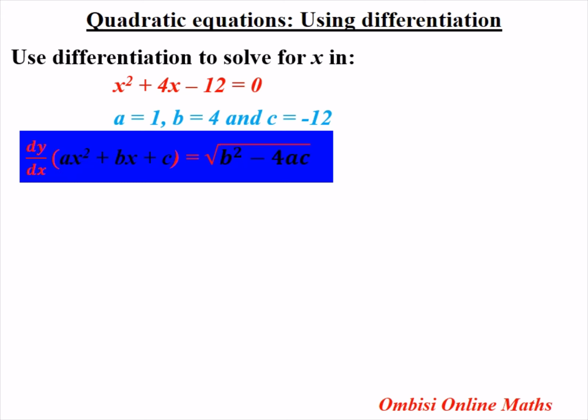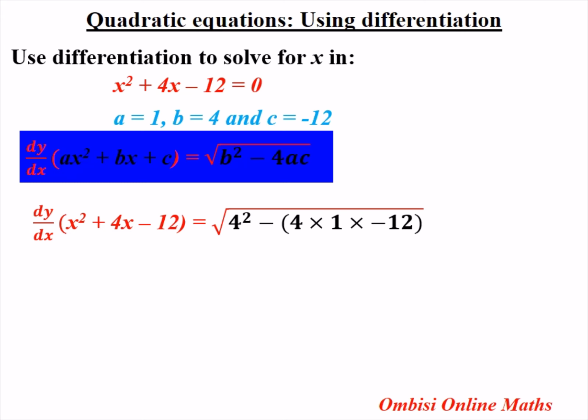It means the derivative of x squared plus 4x minus 12 should equal 4 squared minus 4 times 1 times negative 12, all under the root.